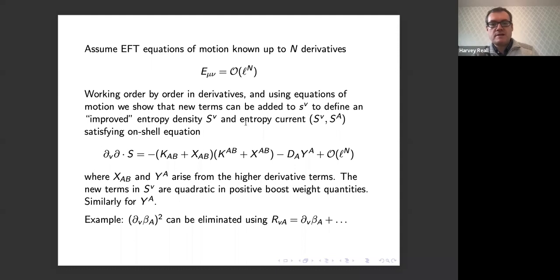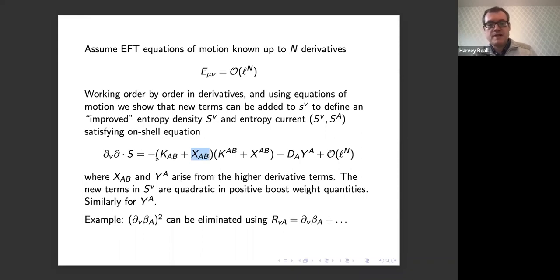IWW entropy density to define an improved entropy density, I'll call capital S, with an associated entropy current, which satisfies this equation here. It says the time derivative of the divergence of the entropy current is equal to the square of something, where this square involves the matrix K I introduced earlier, but also this quantity X, which comes from the higher derivative terms.